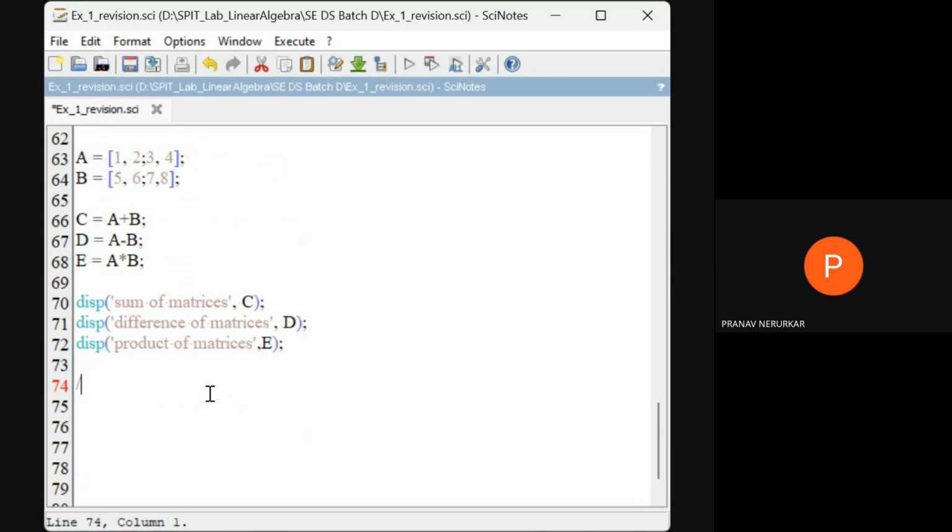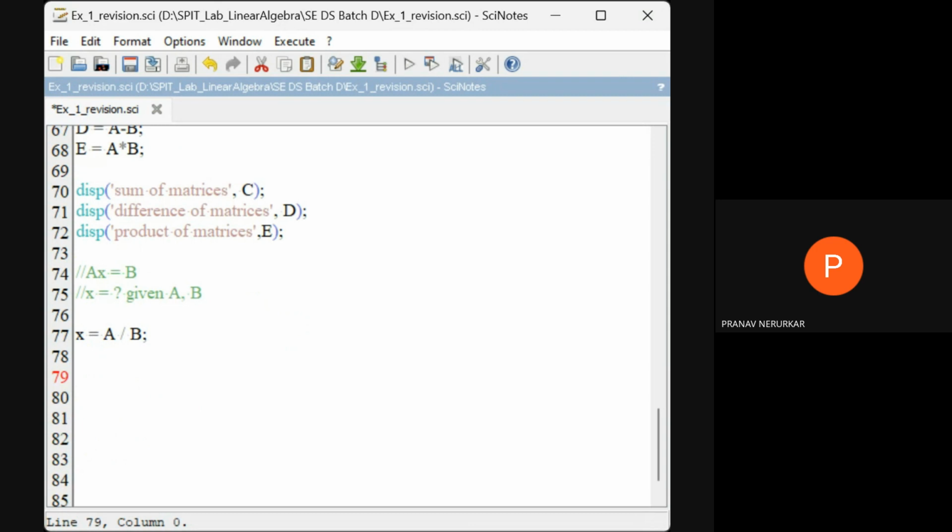Then if your question is of the form Ax equal to B and x will be what, given A and B, in that case, you can apply this division as well. It is possible to add also scalar values to a matrix.